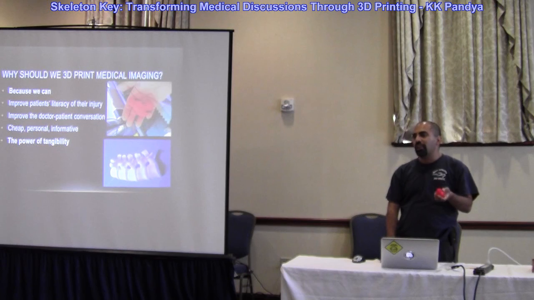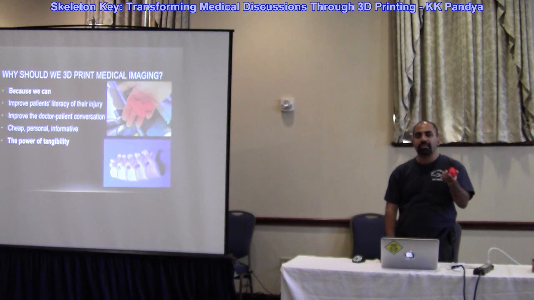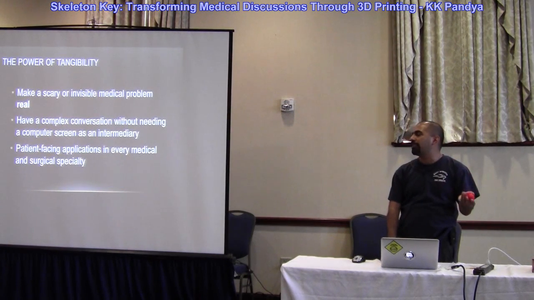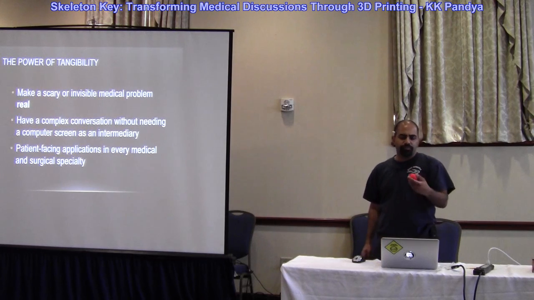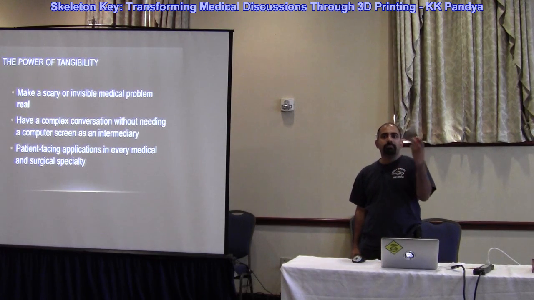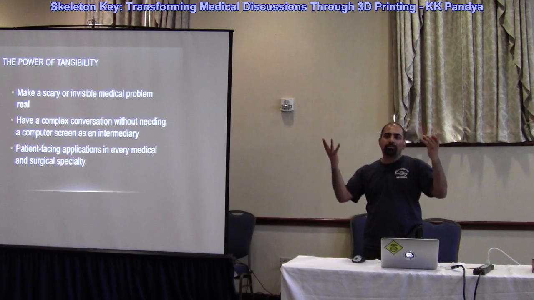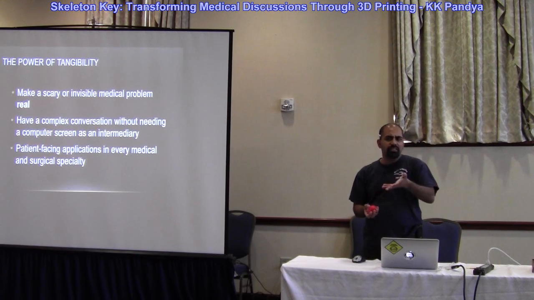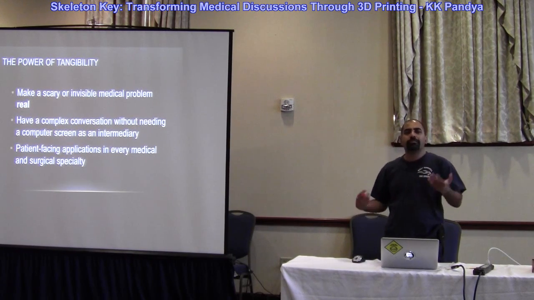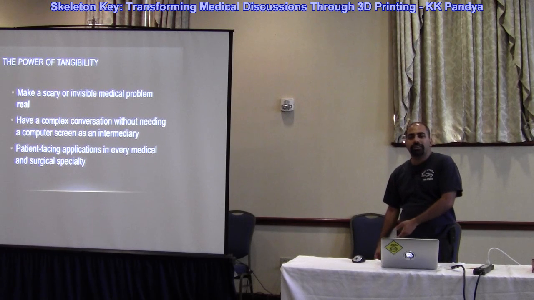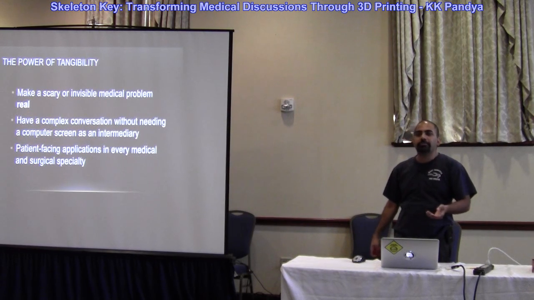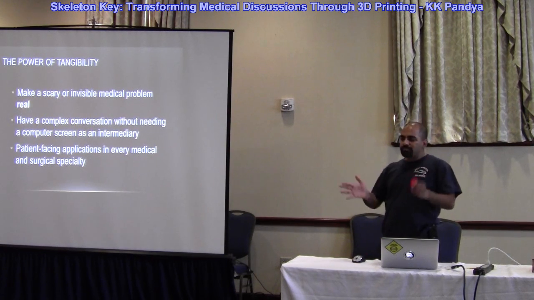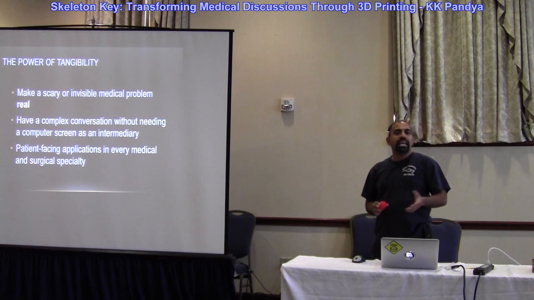And there is a lot to be said about having a tangible representation of an injury. By making an abstract concept like, oh, you have a broken bone in your leg. You can't see it, I know you can feel it, but you've got something going on there, and we're gonna do a bunch of stuff and hopefully fix it.